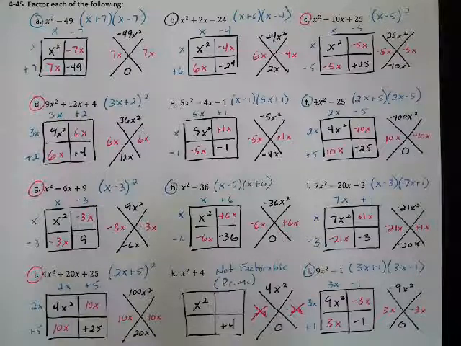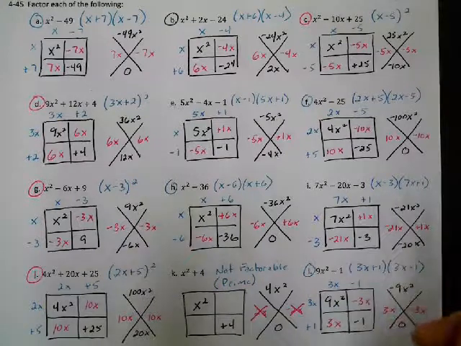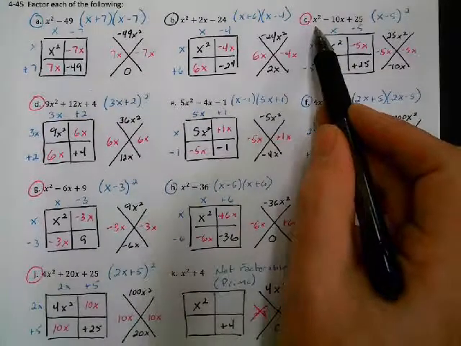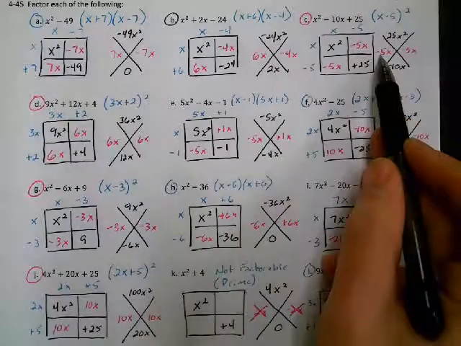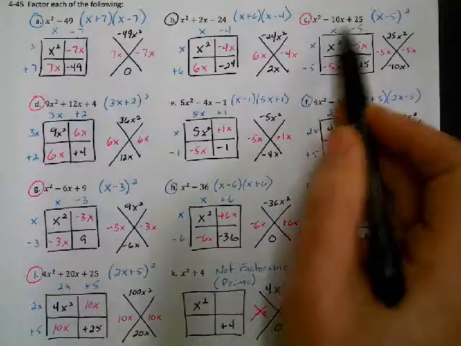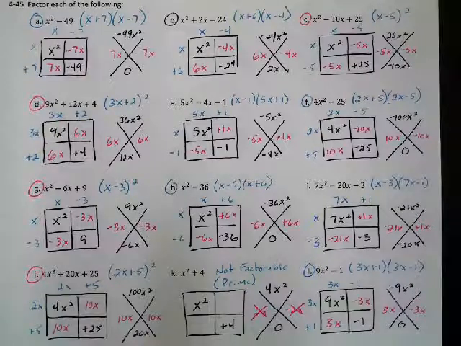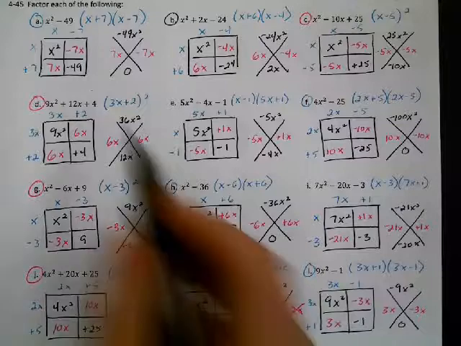Same with C. Over here on C, no leading coefficient. We got negative 5 and negative 5. We really didn't need to do the area model. So that's another pattern that we might be seeing, but we're going to focus on these other patterns. So we're going to focus on this other one first.